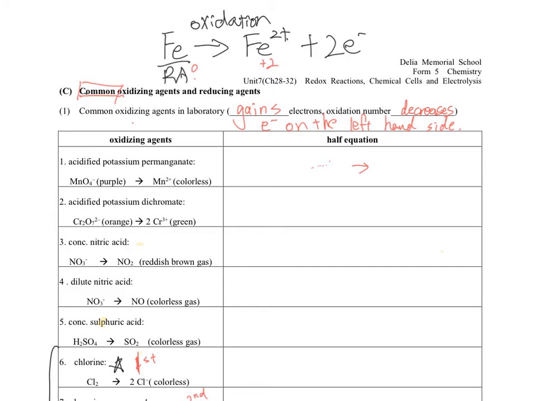Okay, so for this column you have to memorize it. That means, for example, permanganate will change to manganese ion. So when we do the half ionic equation, you do not need to blindly memorize the half ionic equation because you can do it by yourself, but you need to remember what it is changed to.